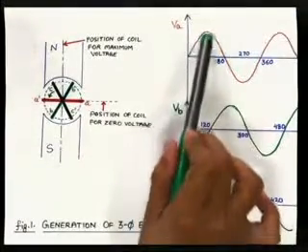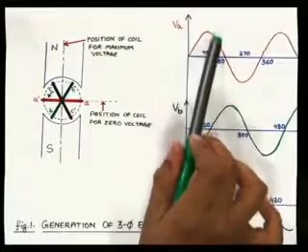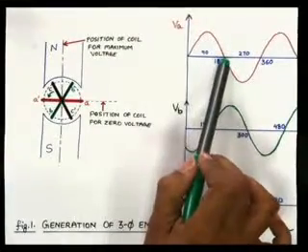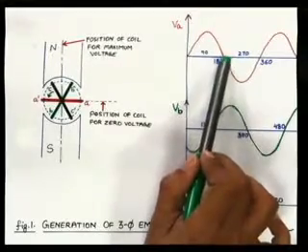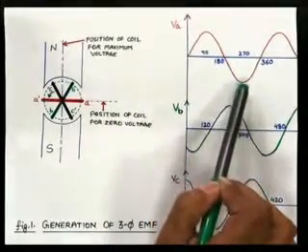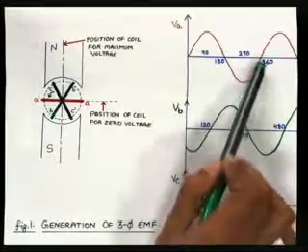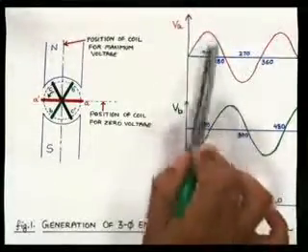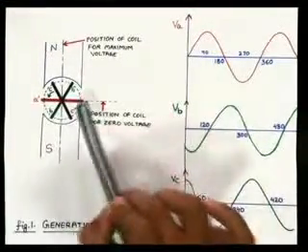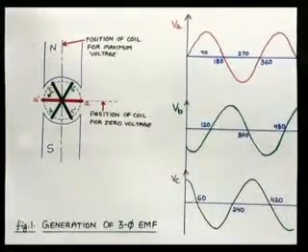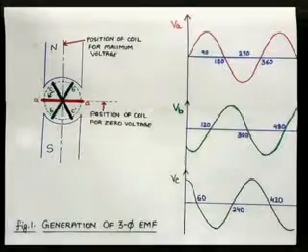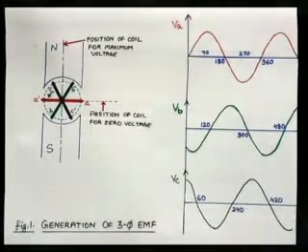It increases, reaches peak value, it further drops, comes to 0 EMF at 180 degrees, then again it increases to its peak value, the maximum value, and again it decreases. So for one complete rotation of the coil, we get one cycle of sinusoidal wave of EMF induced in phase A, or coil AA dash.